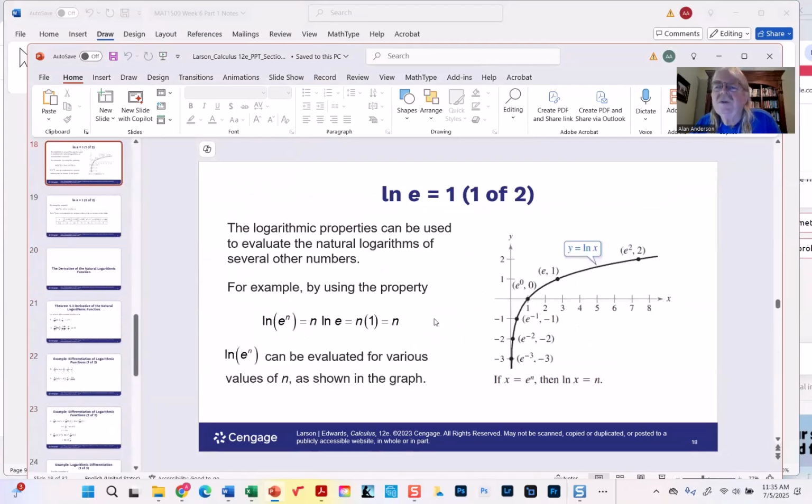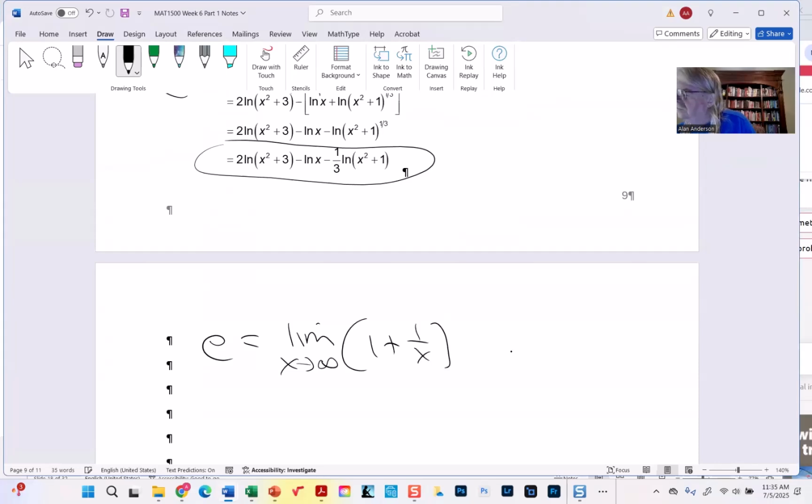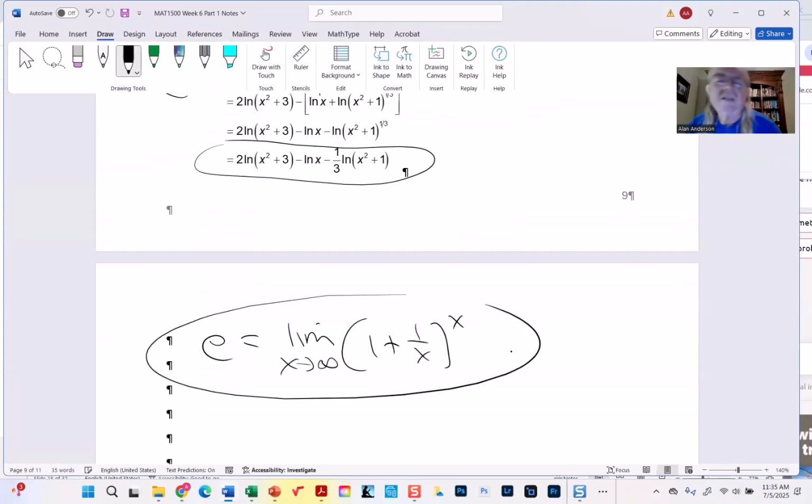All right, I'll spill the beans. I'll show you the formal definition of e. It's a limit. And maybe they're saving that for Calc 2. Okay, so that's where it's coming from.